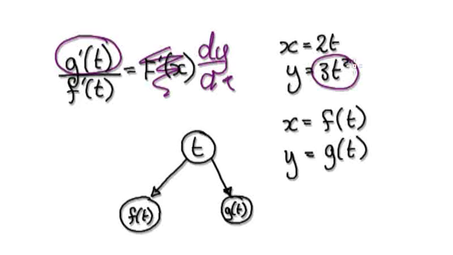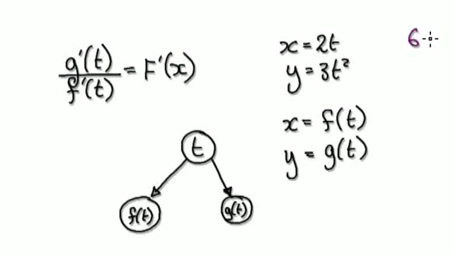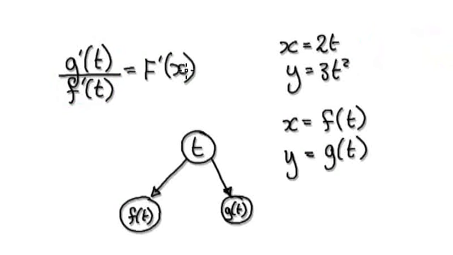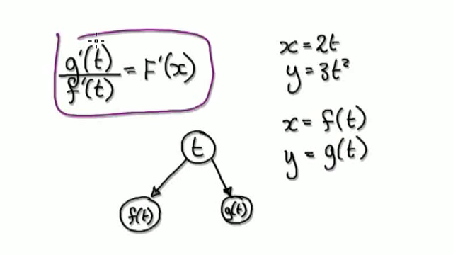Differentiate this, that will be 6t, divided by differentiate this, which will be 2. So dy by dx is simply this thing here. If you want to find the derivative, it's simply a matter of you differentiating this divided by you differentiating this. So that's our derivative.